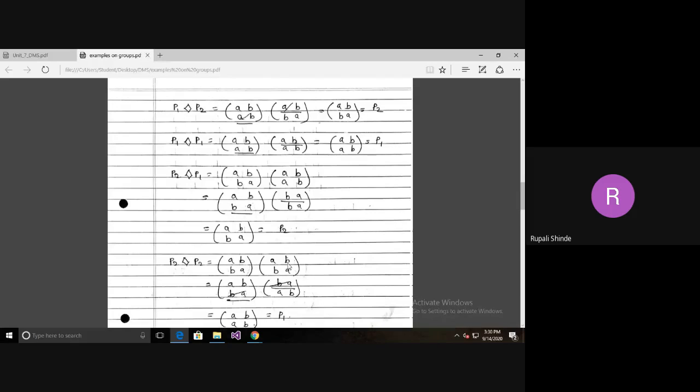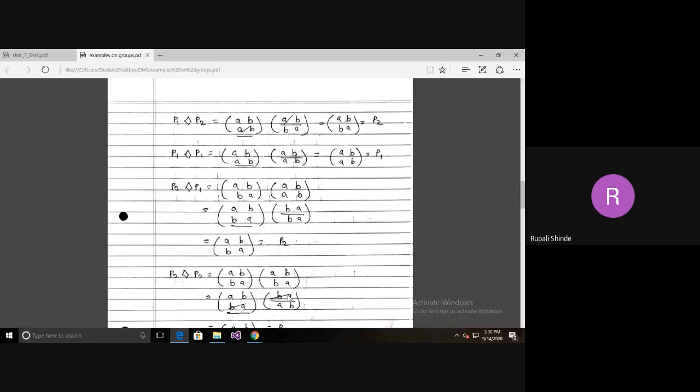To make it BA, we have to interchange the columns, so AB becomes BA and BA becomes AB. Now check the second and third elements, these two are the same. That's why we will get the answer ABAB, and this is the value for P1.